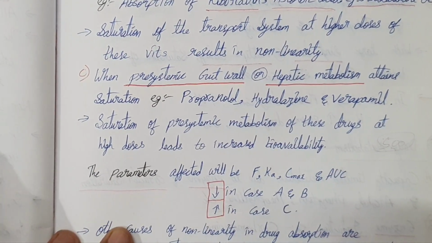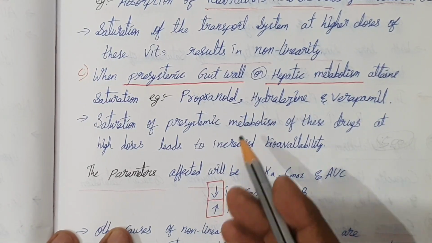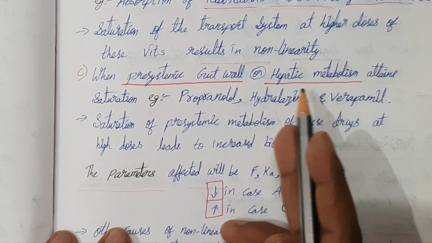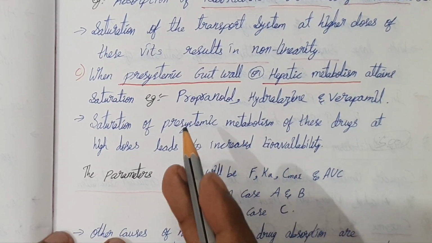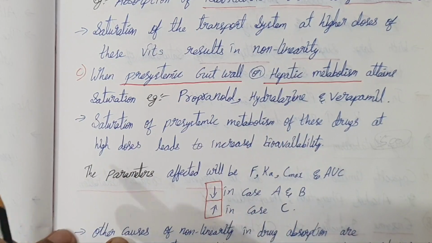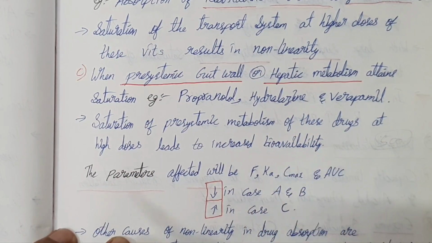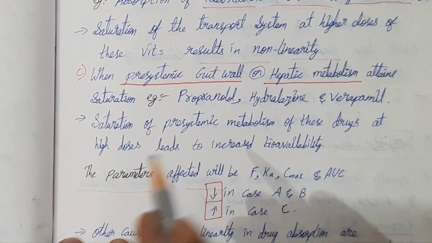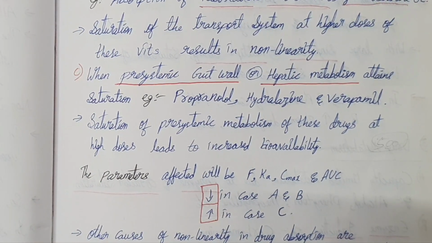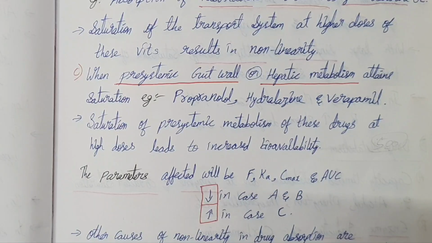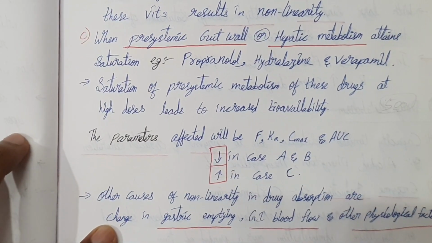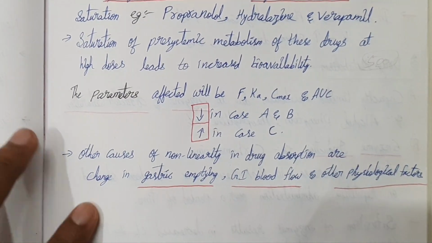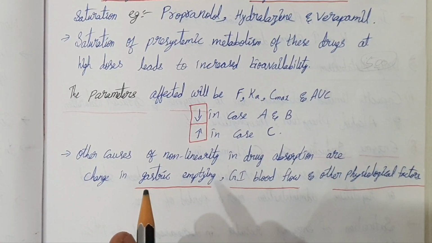Then third one, we have saturation of pre-systemic metabolism, gut wall or hepatic metabolism attains saturation. Some drugs like propranolol, verapamil and hydralazine undergo metabolism in the gut wall, or before reaching the liver and circulation. If these enzymes are saturated, bioavailability increases unexpectedly.